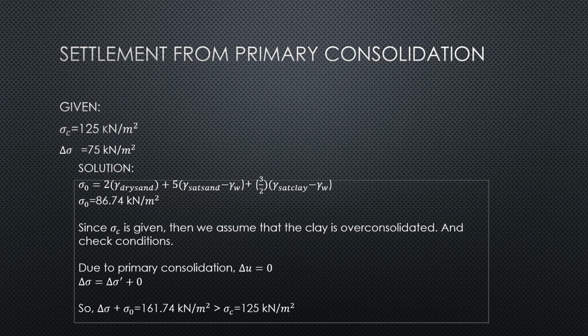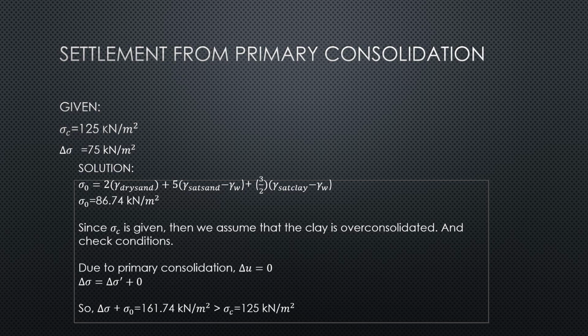So let us check the second condition, in which the average effective stress plus the total stress, which is 75, is greater than the pre-consolidated stress. Right? Okay.